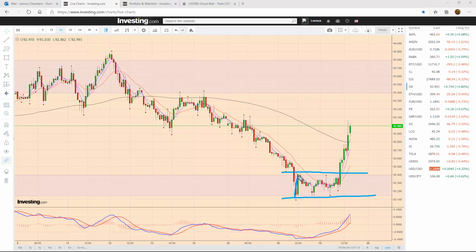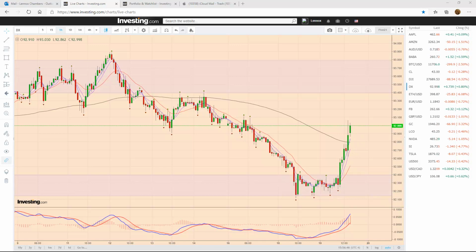So, like I said, we could get a bounce going back up, and indeed, this is exactly what happened. So anyone seeing this opportunity and taking advantage of it would have been paid off with some nice pips and profits based on that move.